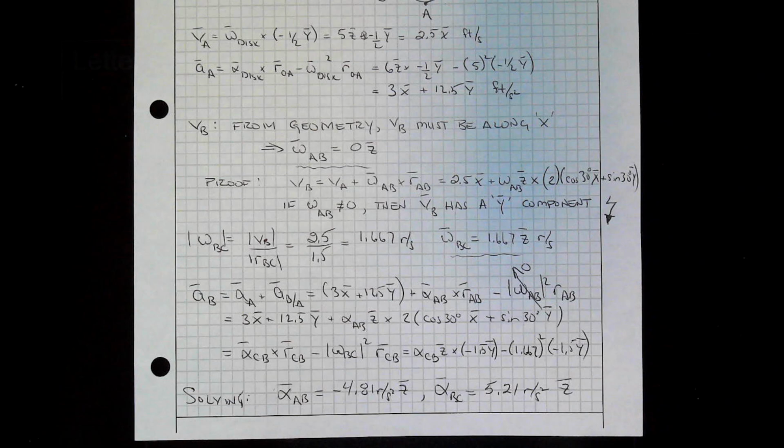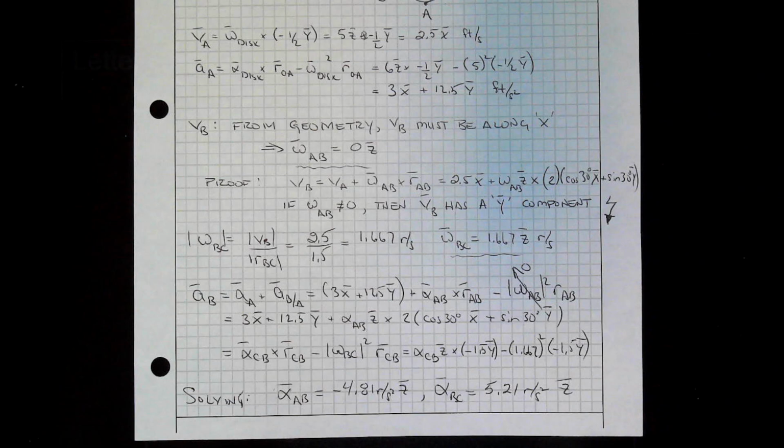I'm going to have to move this up a bit. We'll bring it up to here. So we have acceleration at B is acceleration at A plus B relative to A. Here we have the acceleration of A, and the relative part is always the same: alpha cross r minus omega squared r. Notice omega AB is 0, so the omega squared term disappears.